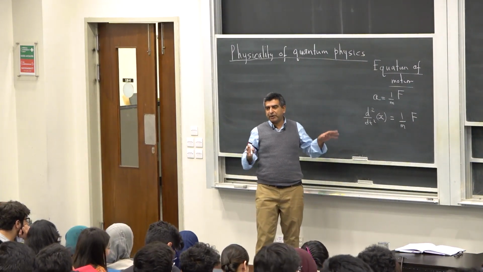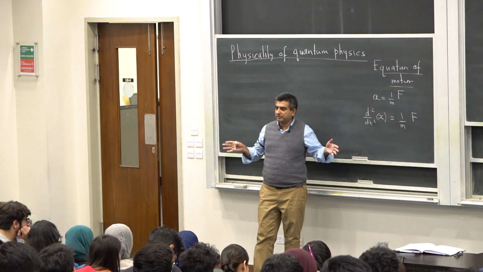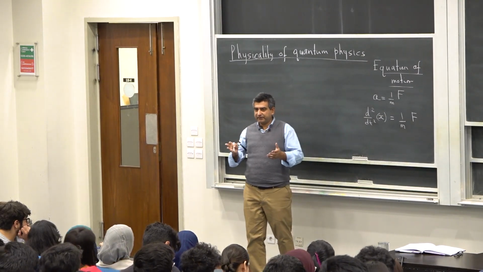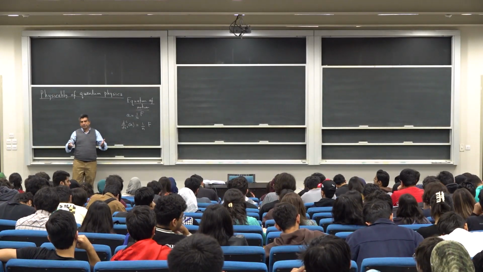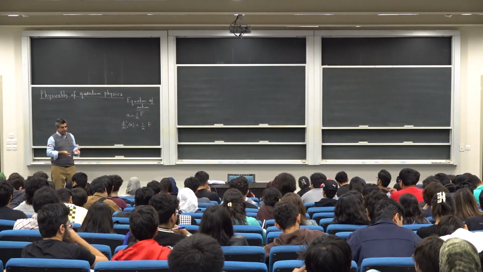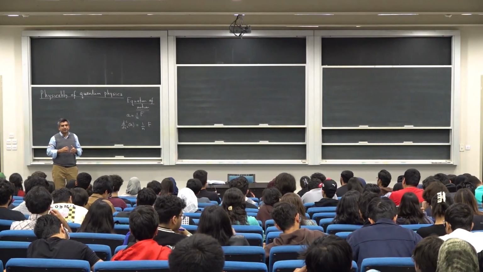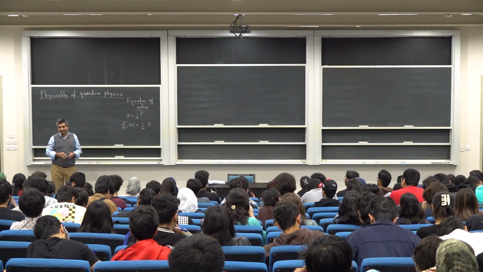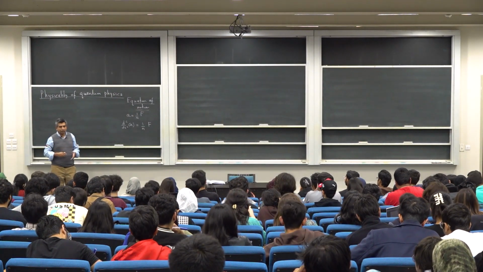So this equation is a differential equation because it involves derivatives. You solve this equation, and what do you get? The act of solving this equation yields some variable. What do you get as a result? You get x, or the position.